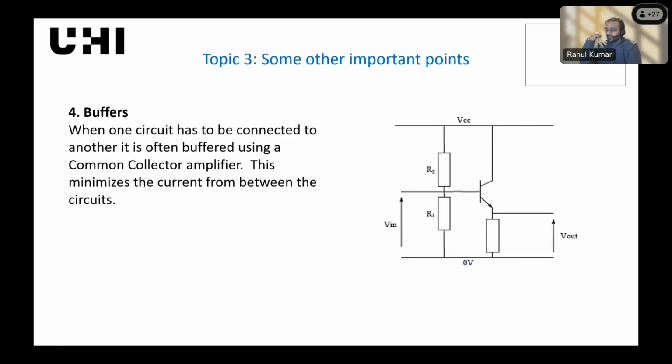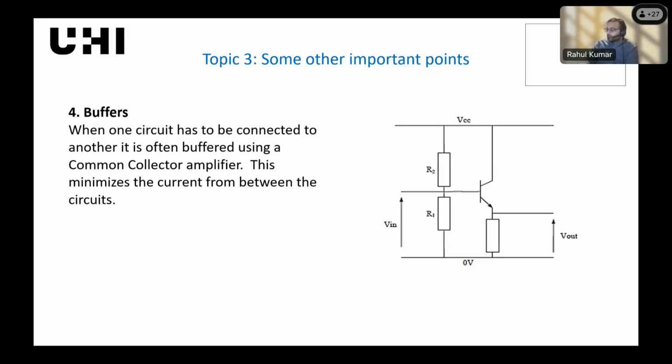The next thing is buffer. So a buffer is when we want a high or a large input impedance. Right? So it can stop current being transmitted from one input to the output.